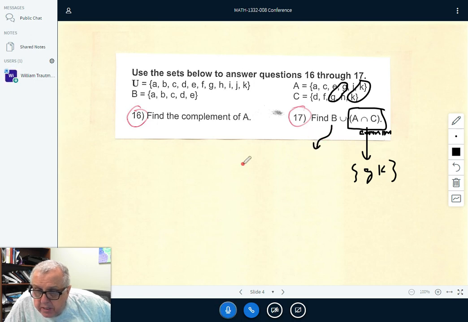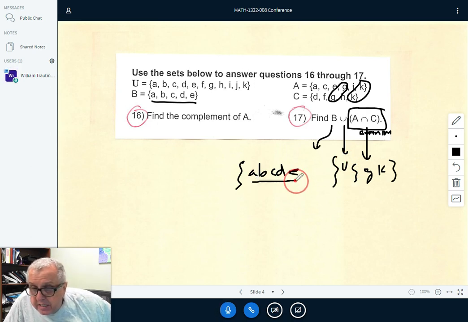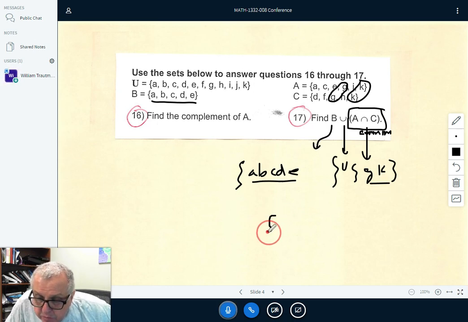So let's put B here. B is A, B, C, D, E. There's B. So there's B, there's A intersects C. We want to do a union of the two, a marriage of the two. In other words, everything in this group and everything in this group is going to come down into my new answer group.